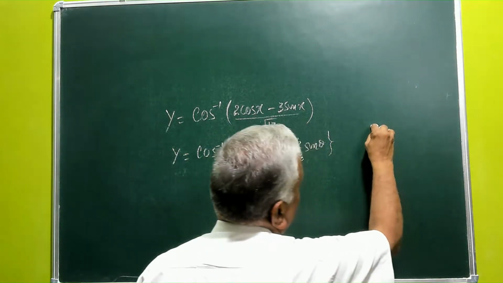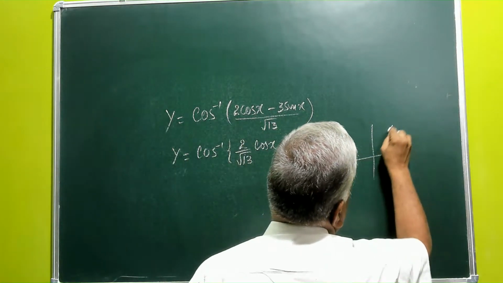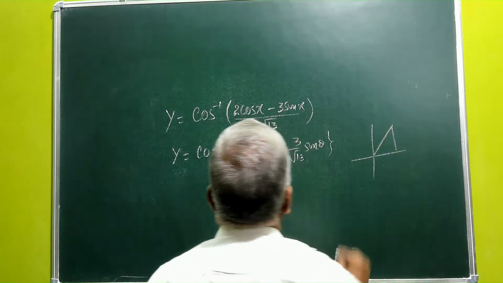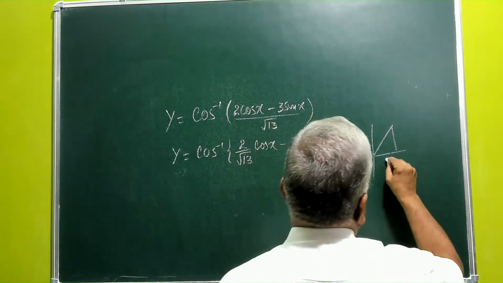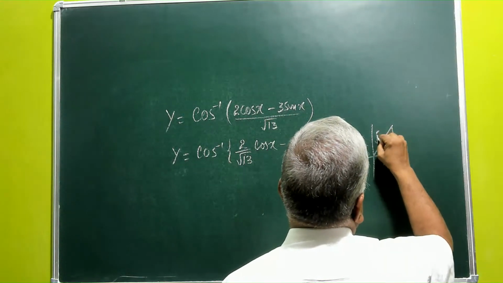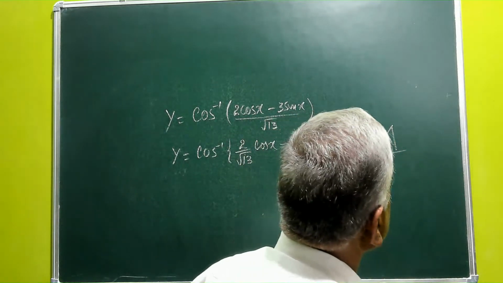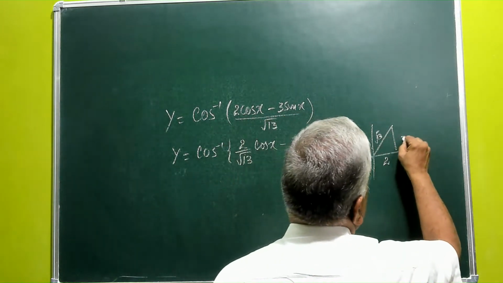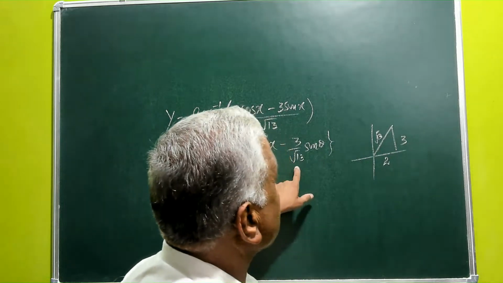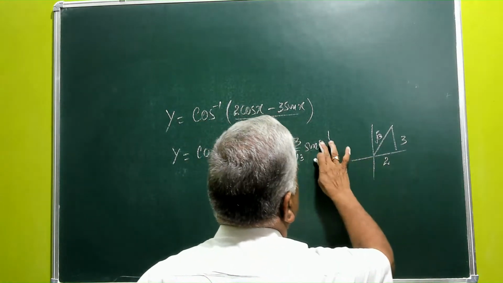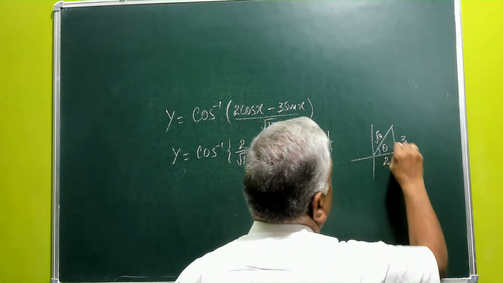So if you take a triangle, the adjacent side is 2, the hypotenuse is root 13. What is this? 13 minus 4 is 9. This is 3. So 3 by root 13 is sin theta.